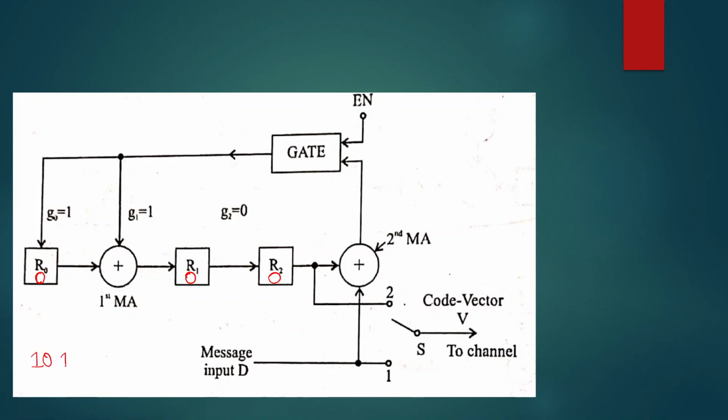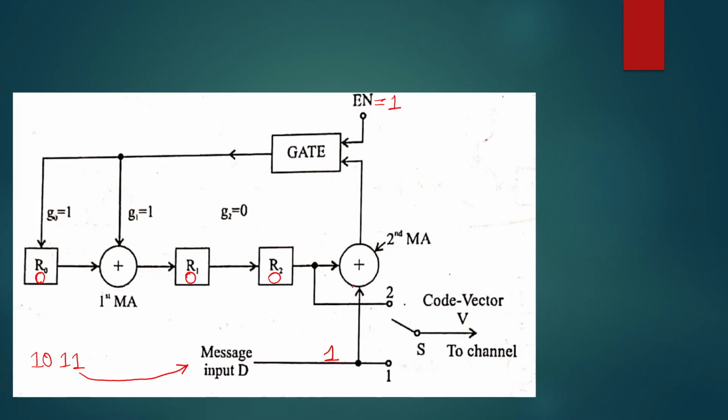Since the data is 1011, the first input that I am going to give here is the MSB, the coefficient of the highest power of x, which is 1. Assume that the enable is already given as 1. Now the gate is enabled, which means it is going to pass this data. For this entire operation, this gate will be on, please remember.